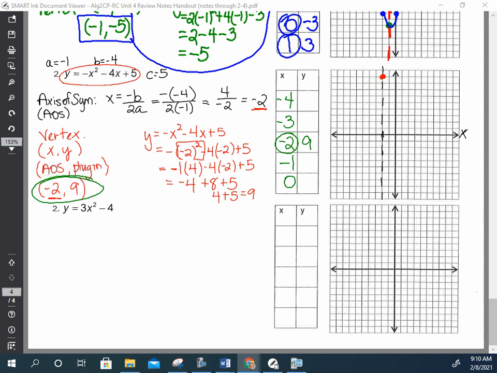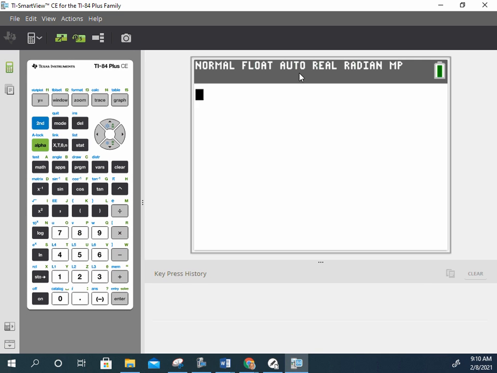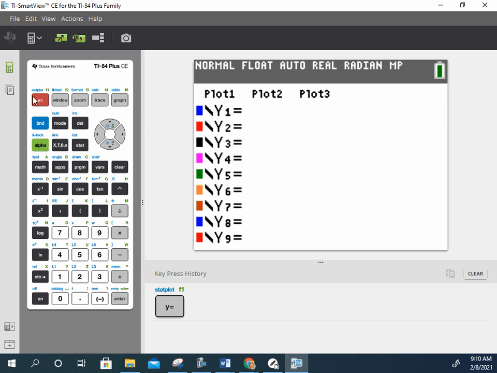All right, so let's go to our graphing calculator. We're going to put in negative x squared minus 4x plus 5. So y equals the negative sign.